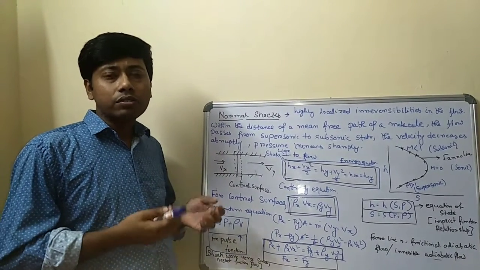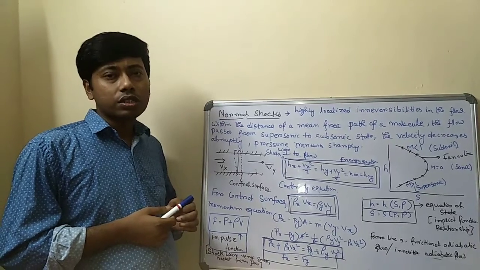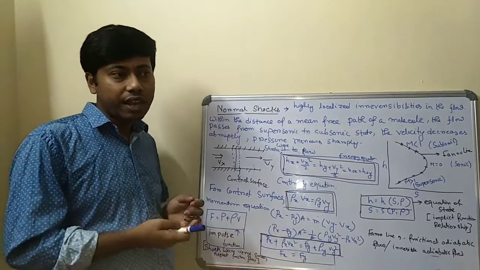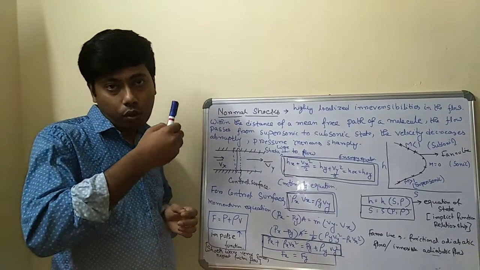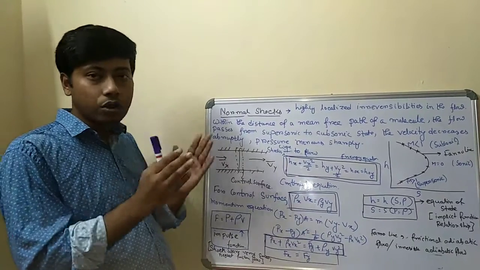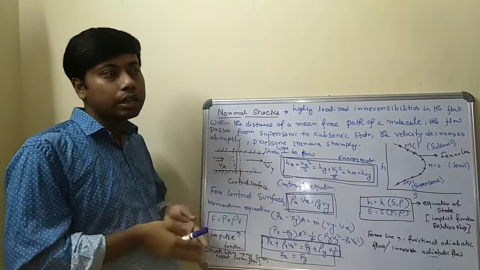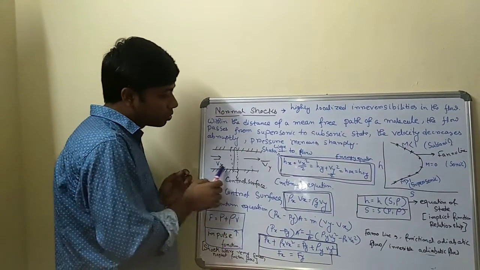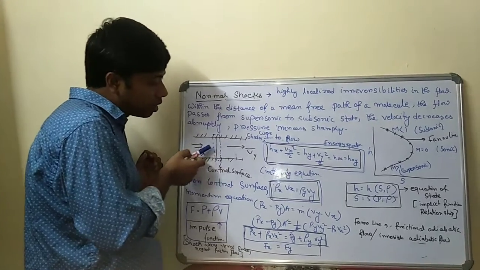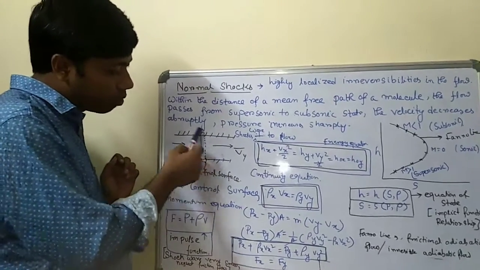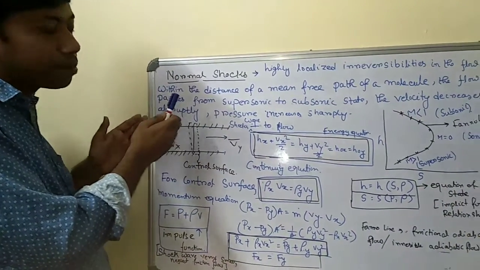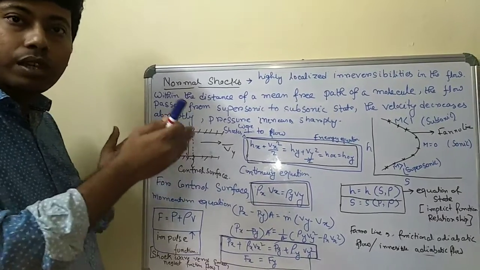A normal shock is defined when the shock is produced within a duct, and the shock wave front is normal to the direction of the flow field.